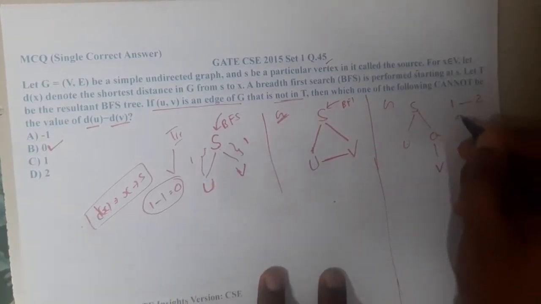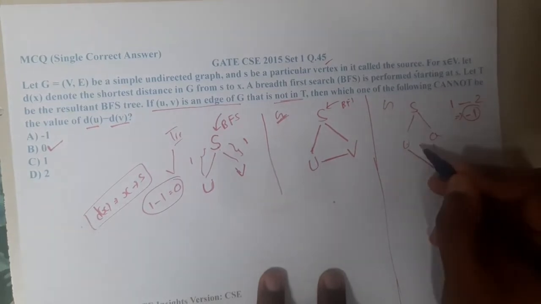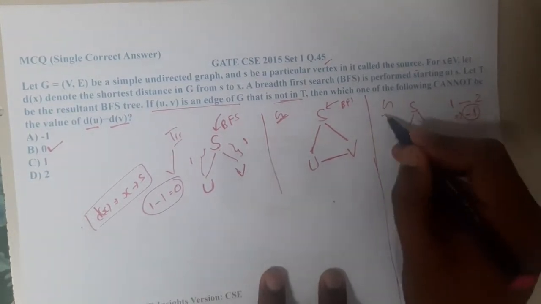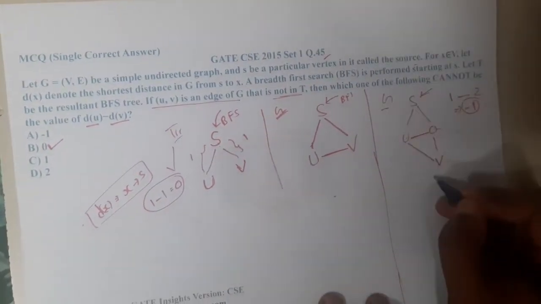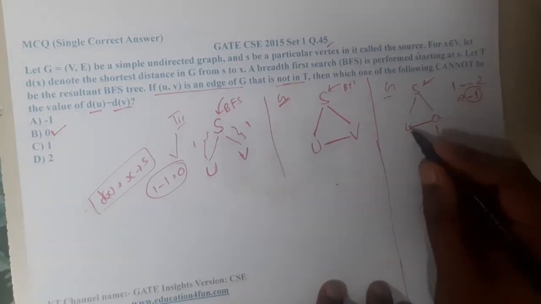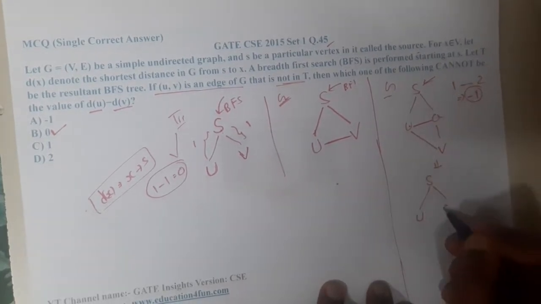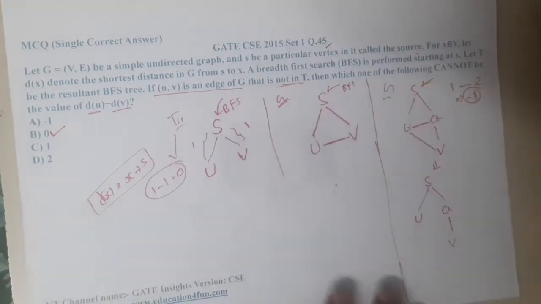Assume there is a connection between U and V, and also between A and V, as this is a graph. Now doing a BFS from S, the next layer has U and A, and in the next layer you have V.